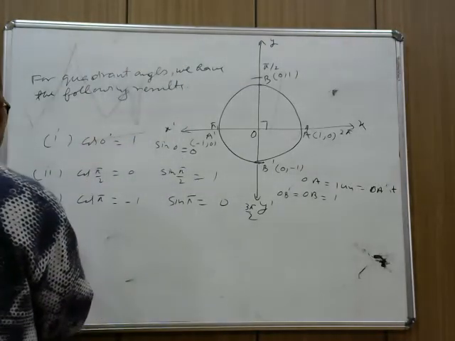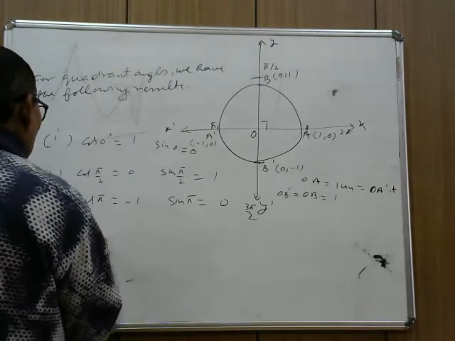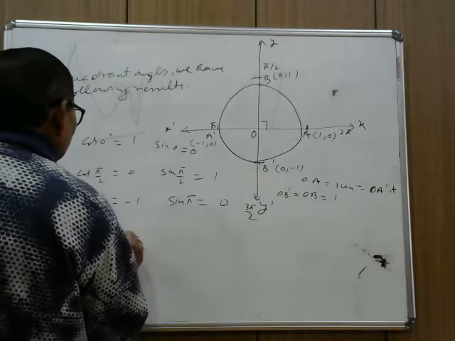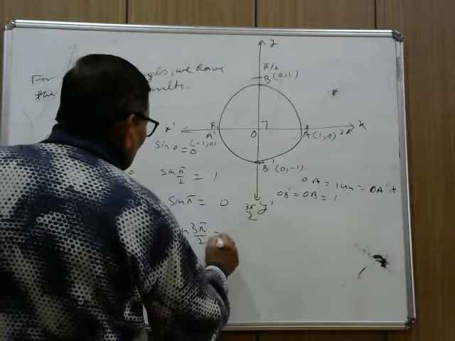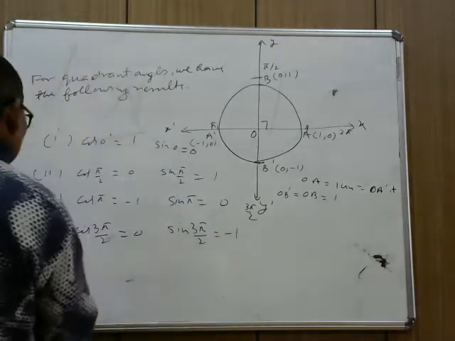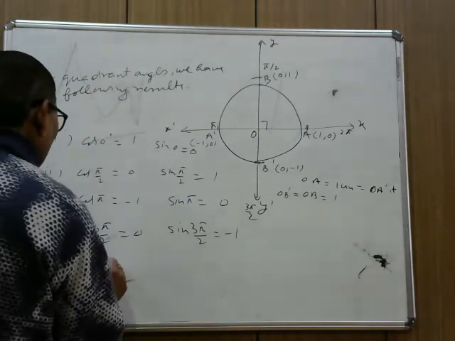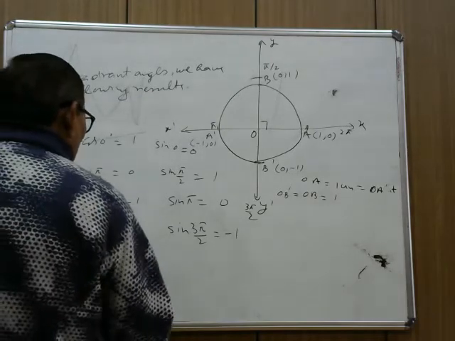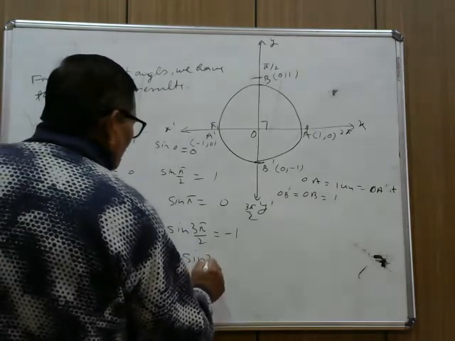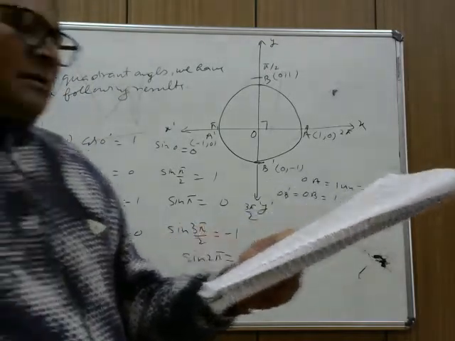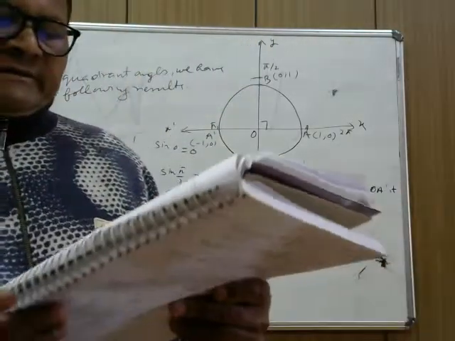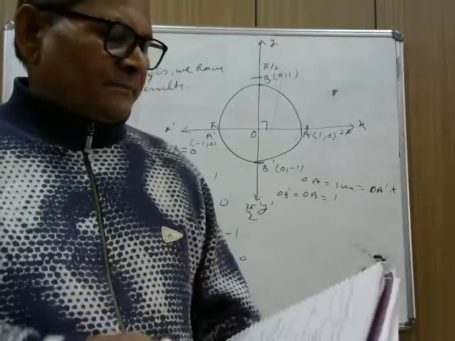Then fourth, your cos 3 pi by 2 is 0 and sin 3 pi by 2 is minus 1. Fifth, your cos 2 pi is 1 and sin 2 pi is 0. So these are the values of sin and cos at quadrant angles.